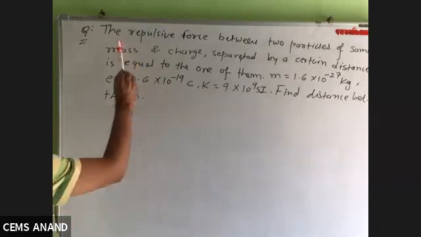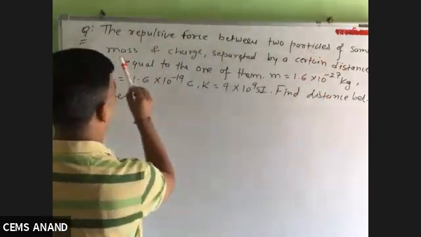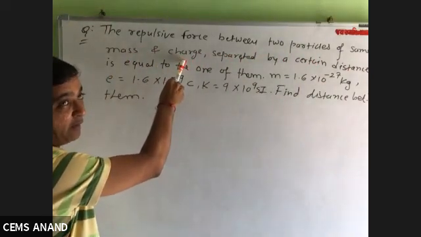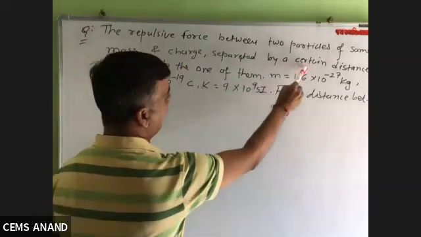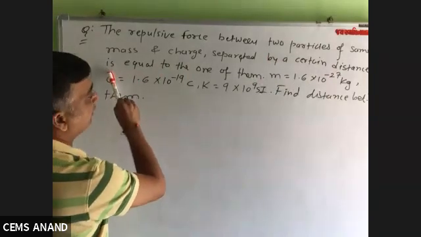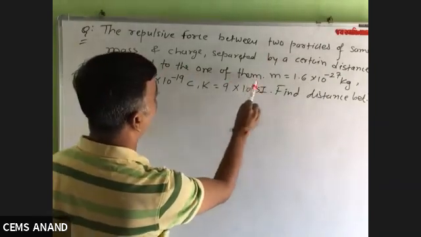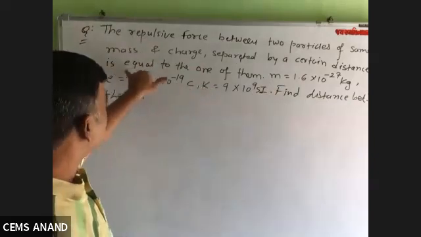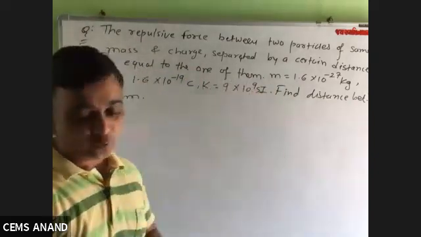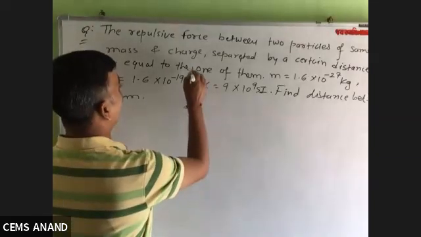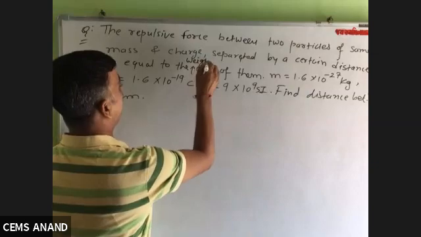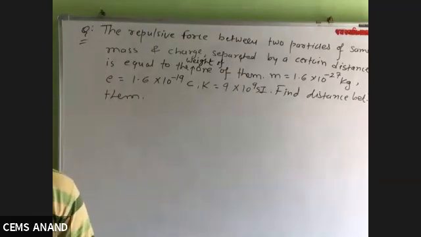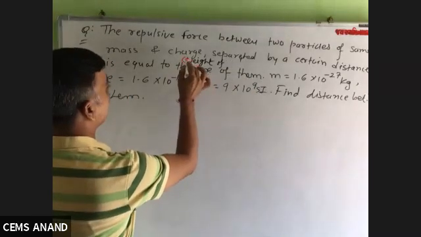What the question asks: the repulsive force between two particles of the same mass and charge, mind well, both of them are of the same type of charge, separated by a certain distance, is equal to the weight force of one of them.